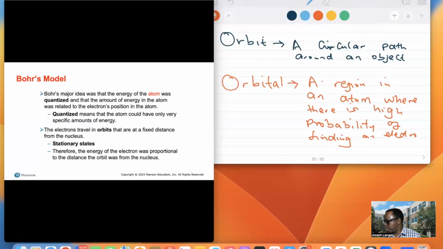It's a region of space where there is high probability of an electron.